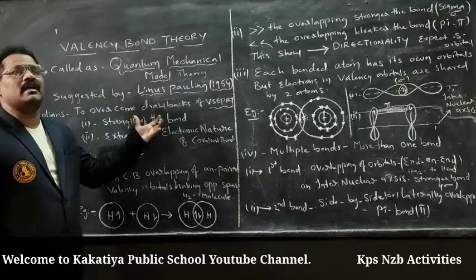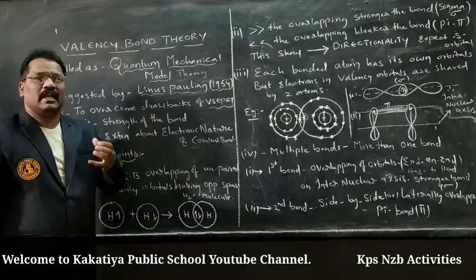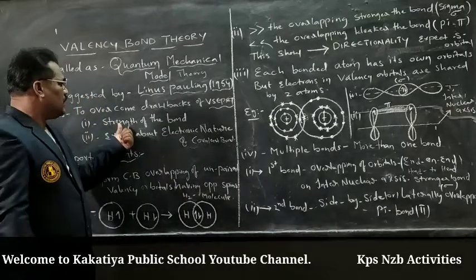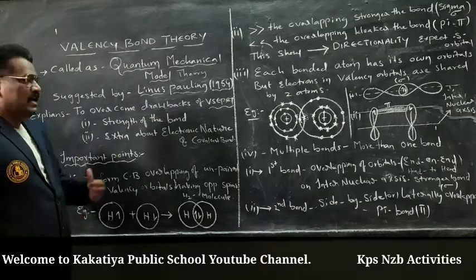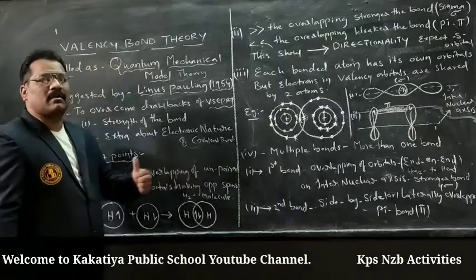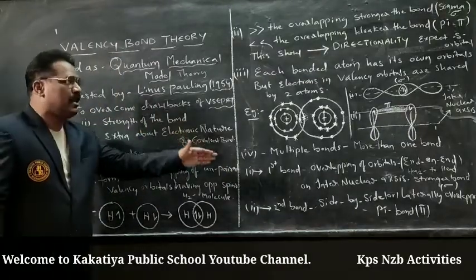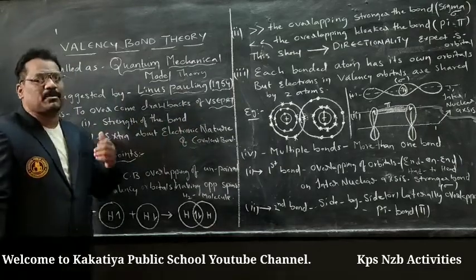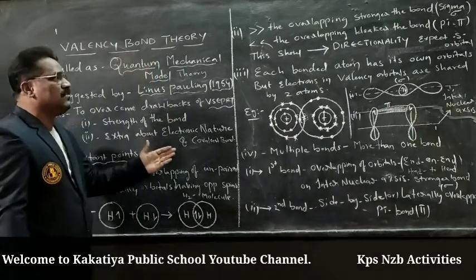It could not give a clear explanation, but this theory, to some extent, gives a clear explanation regarding the strength of the bond. Second point: it failed to explain the electronic nature of the covalent bond, how the electrons exist within the covalent bond. That concept also, to some extent, can be clearly explained by using one theory.